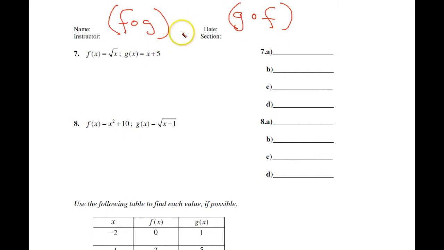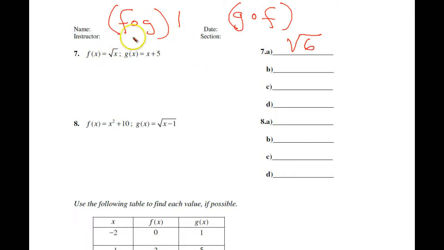So, if x is a 1 here, then we go to our g function first. We put a 1 there. 1 plus 5 is 6. 6 now goes into here where x is. We get the square root of 6.